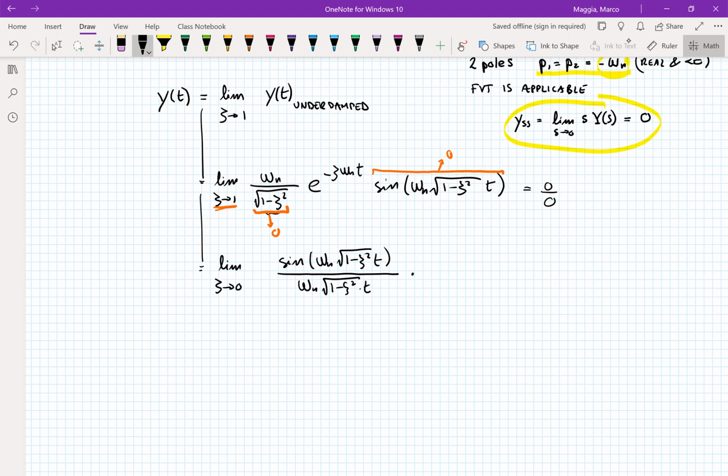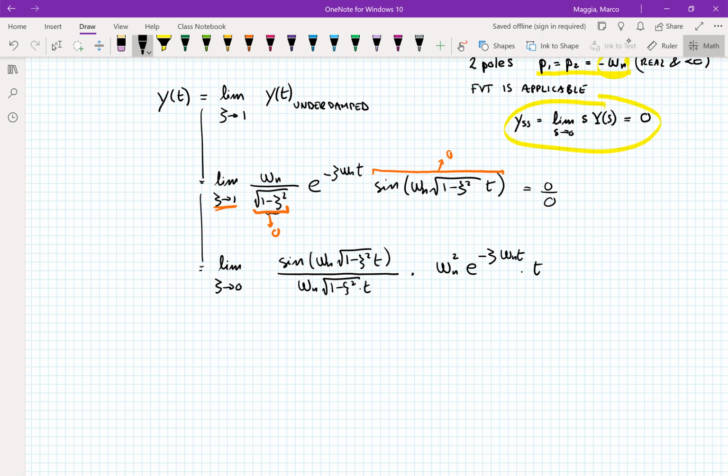And so here, rearranging what we have and what we don't have, we're left with omega n times e to the power of minus zeta omega n t. We need omega n squared times t.